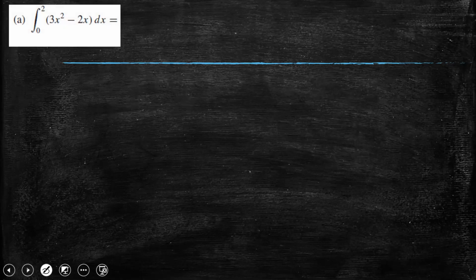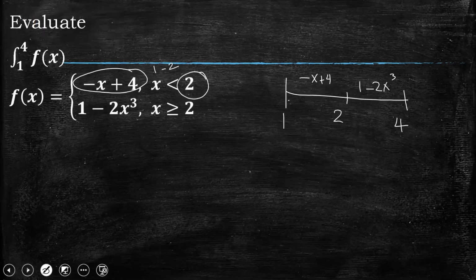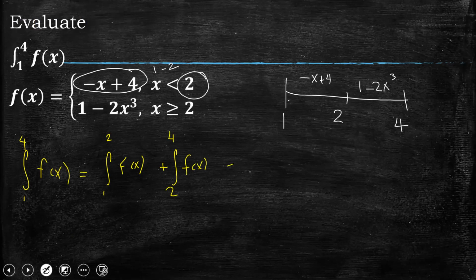So the integration from 1 to 4 for f of x will be from 1 to 2, plus from 2 to 4. Then from 1 to 2, it is negative x plus 4.